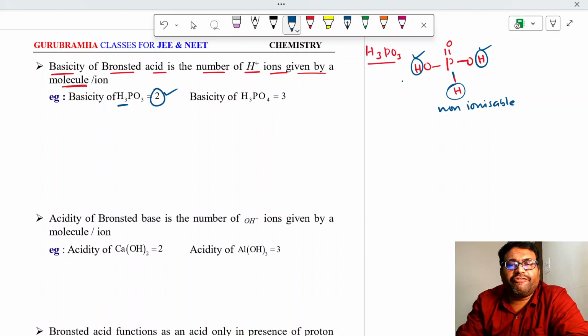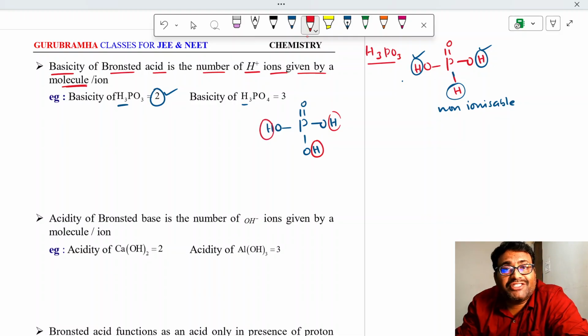Next, H3PO4, let us take. There are 3 hydrogens. All these 3 hydrogens are ionizable, because all 3 are attached to the more electronegative atom, oxygen. In oxy acids, if hydrogen is bonded to oxygen, that hydrogen can be ionizable.